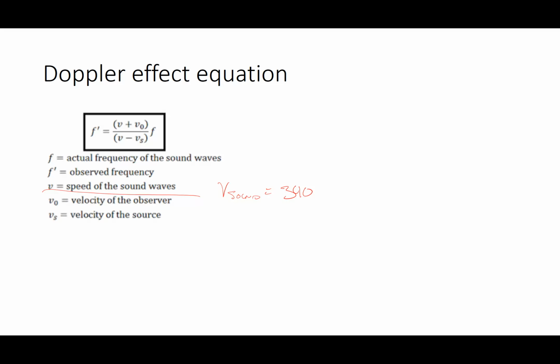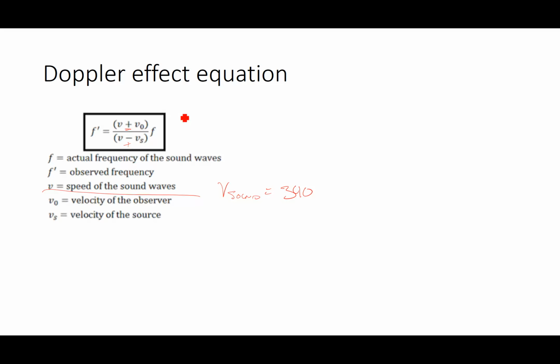Now, over here, they give you plus or minus. It's actually, each of them is minus or plus. So it depends on if you're going towards it or moving away from it. How does that work? Well, you can think about it individually. If that is coming towards you, the frequency would have to be higher, right?